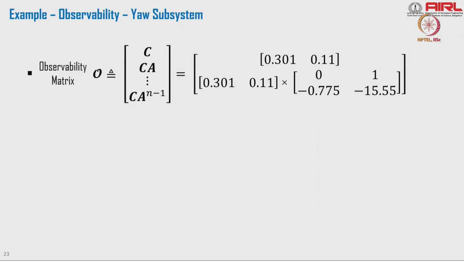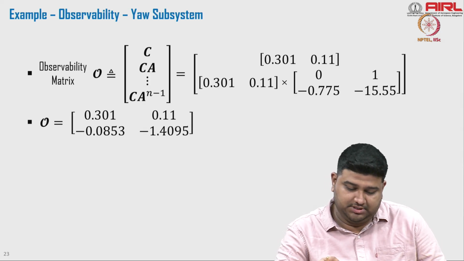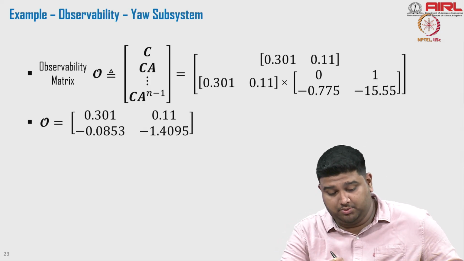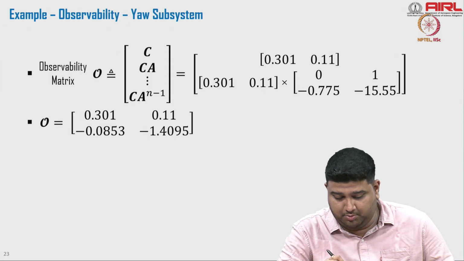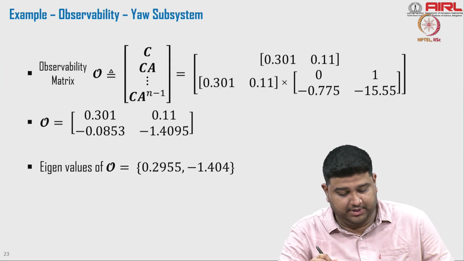Now let's take a look at the observability test. We have defined the observability matrix with its rows being C, CA until C A power n minus 1. We substitute the appropriate values for C and A. We get the observability matrix to be 0.031, 0.301, 0.11, minus 0.0853 and minus 1.4095.